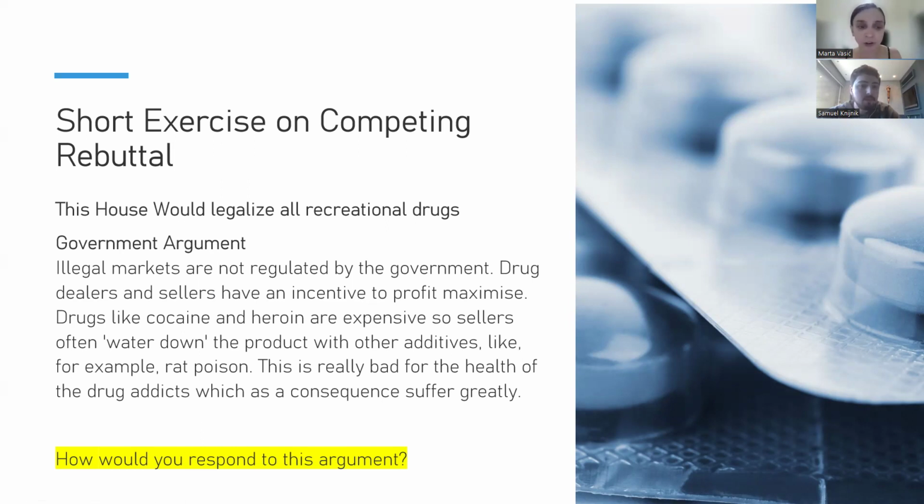And this is really bad for everyone who is using drugs, meaning they suffer greatly physically because of this. So this is the argument for gov, and they basically say when government is regulating this, this kind of behavior and the lacking quality of drugs will not happen. Okay, how would you respond to this argument?